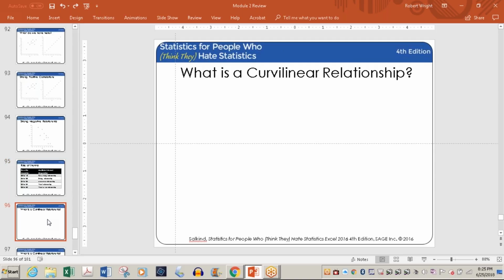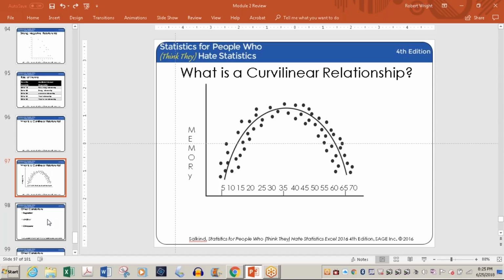Then you also have a thing called a curvilinear relationship. Any thoughts on what we mean by that? It's not positive or negative. See this here? This is a relationship between age and memory. The 5-year-old has not much memory.